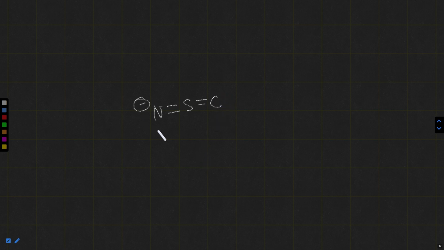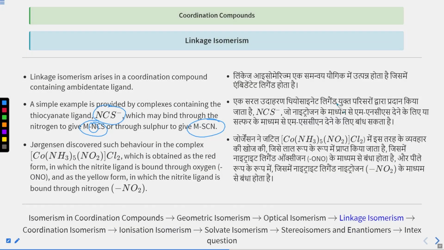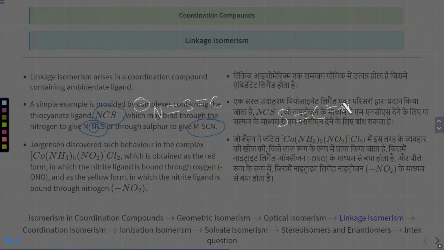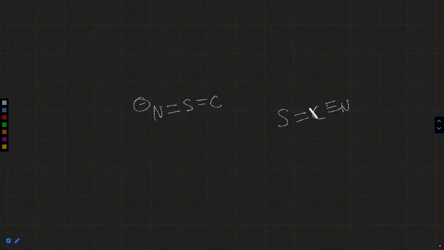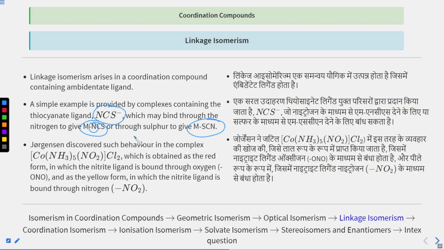Now in this case, N will chelate, and if it is SCN, with three bonds formed and a negative sign, then S will chelate. So whenever there is an ambident ligand, there is always a chance of linkage isomerism.